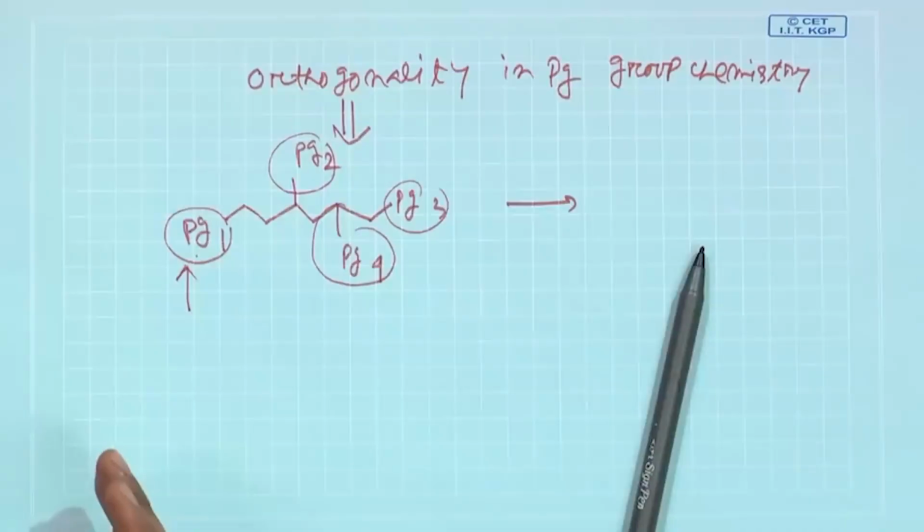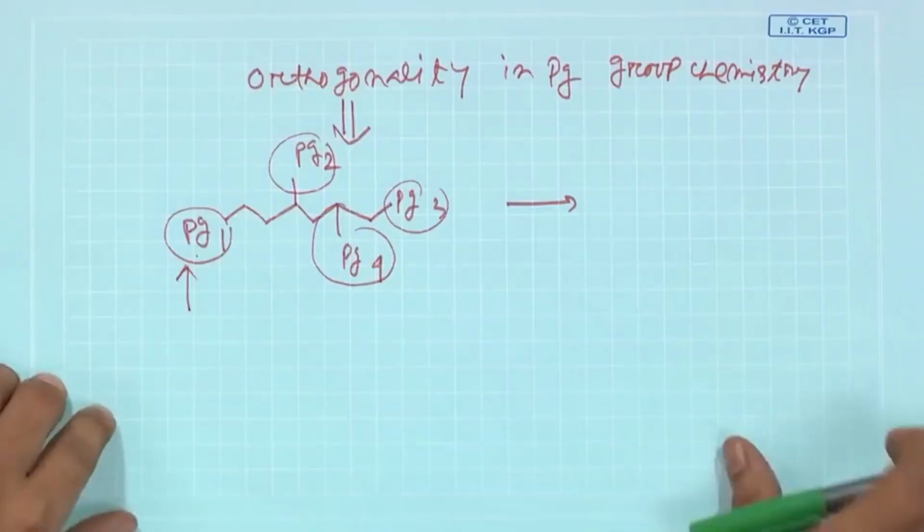Sometimes, with very complex molecules, you might have 10 to 12 protecting groups in a given intermediate, and it is often very difficult to find the optimum conditions to remove a particular protecting group. In those cases your effort is mainly optimizing the reaction conditions to find the best orthogonal conditions to deblock.